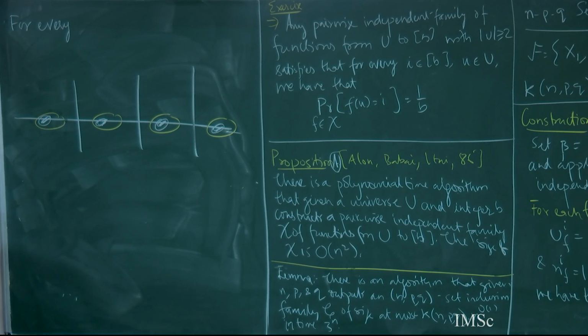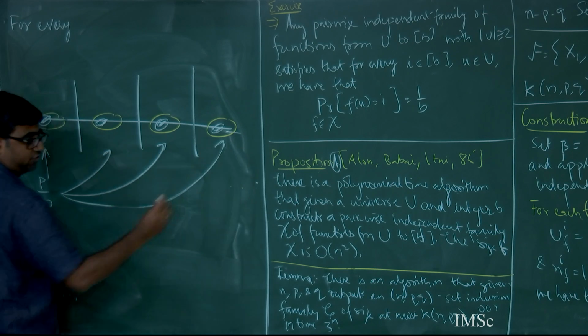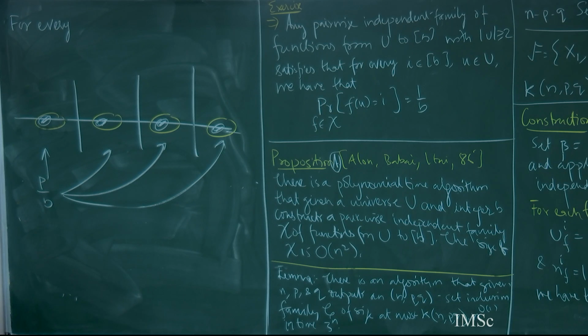So you cover it fractionally, in the sense that I need a Q size object to cover this P size object. So what I will cover is P by B fraction here, another P by B fraction here, another P by B fraction here, so that in total they are equal to P roughly. That's the whole idea.